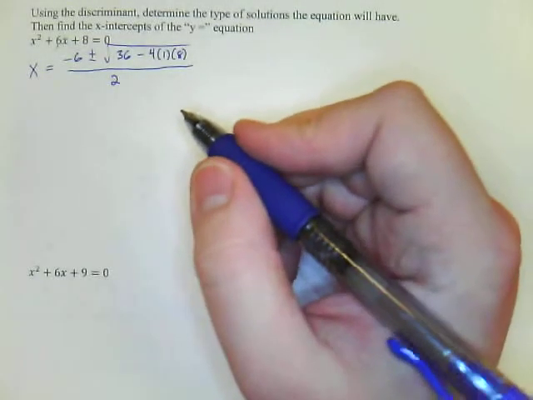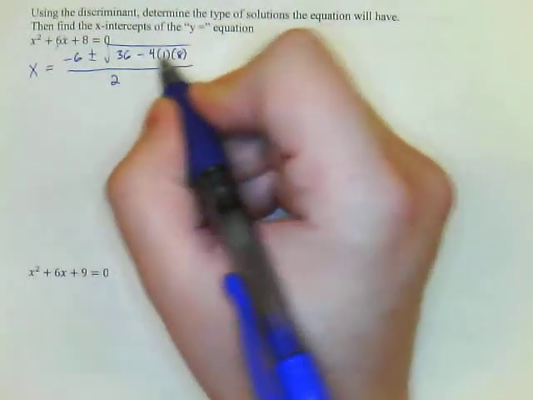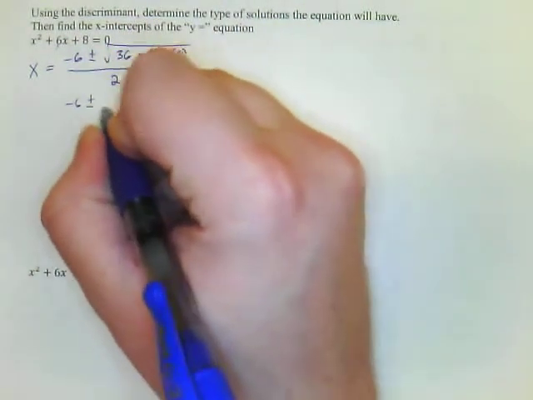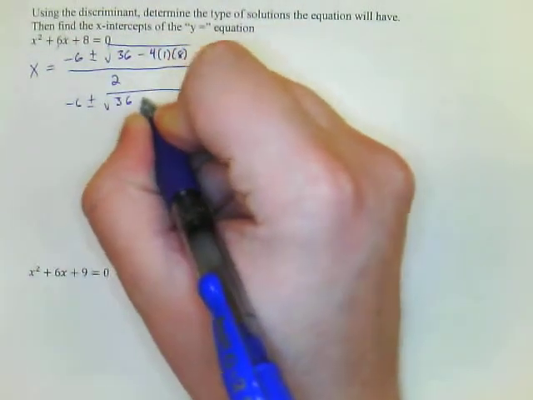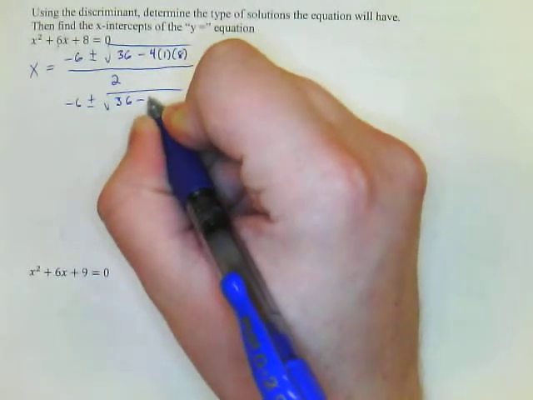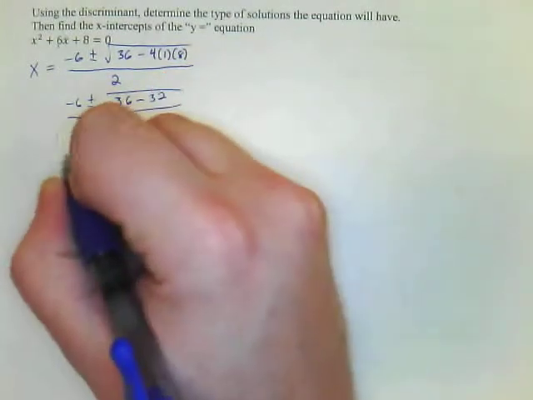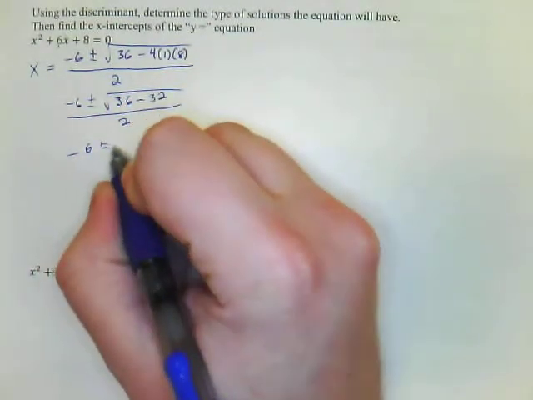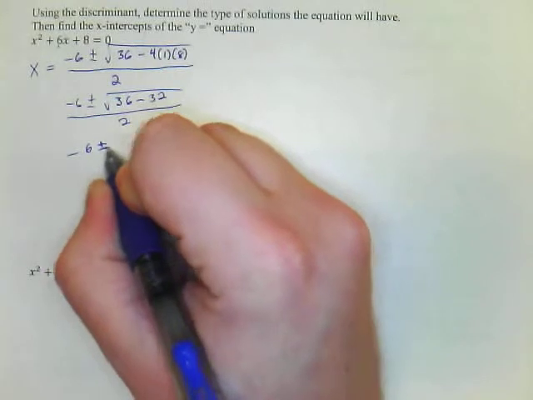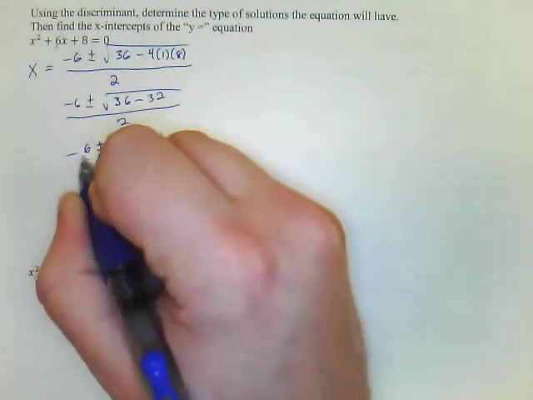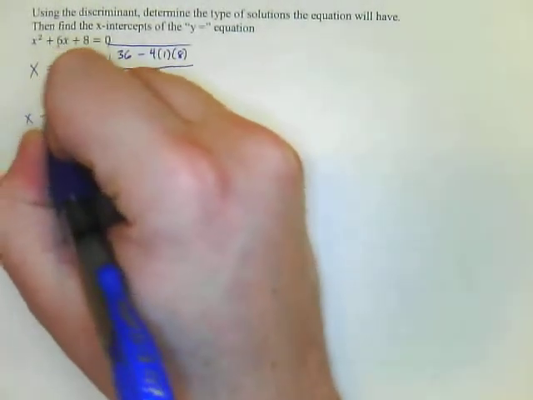Then what we've got is negative 6 plus or minus the square root of 36 minus, and then 4 times 8 is 32, all over 2. So that's x equals negative 6 plus or minus the square root of 4 over 2.